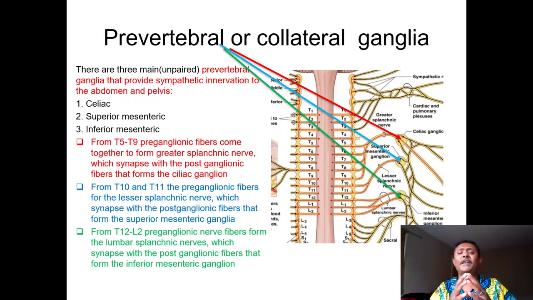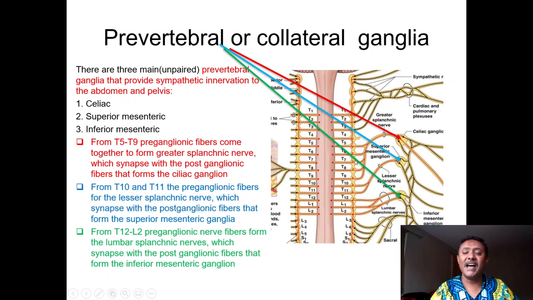When we say pre-vertebral or collateral ganglia, we mean those three: celiac ganglia, superior mesenteric ganglia, inferior mesenteric ganglia. Those are the pre-vertebral ganglia. Now, the para-vertebral ganglia were paired.